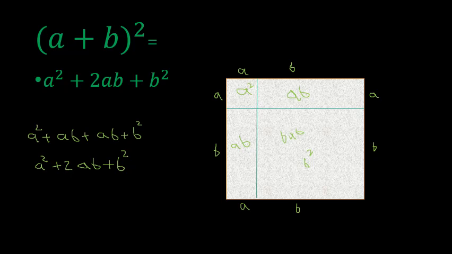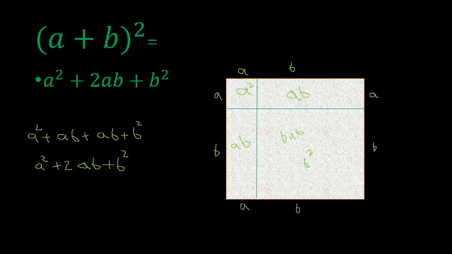Okay, after this we are going to find the area of the upper rectangle, and its length is B and its width is A. So A multiplied by B will give you AB, because the area of the rectangle is length into width.